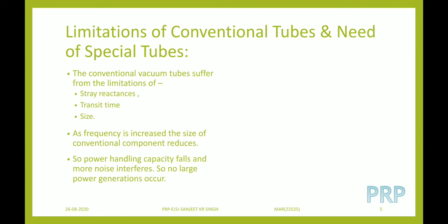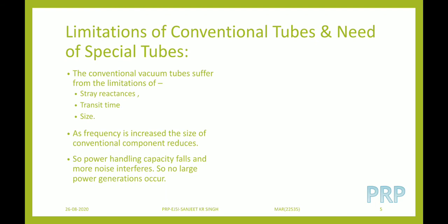The major limitations posed by these conventional components are the stray reactances due to high capacitance and high inductance; then the transit time, the time taken for the electron to move from one terminal to the other, from anode to cathode or cathode to anode; and the size, as the frequency increases, the size of the component reduces.